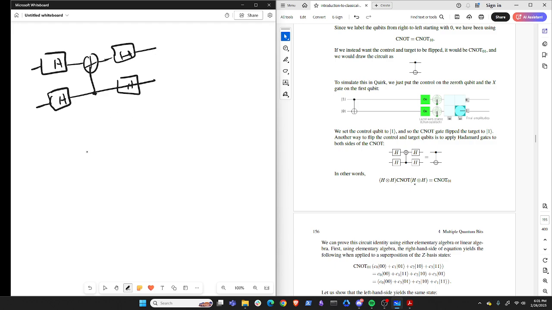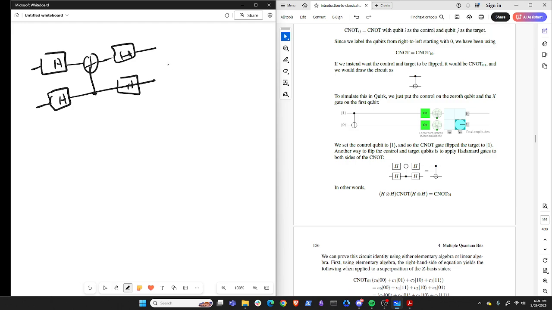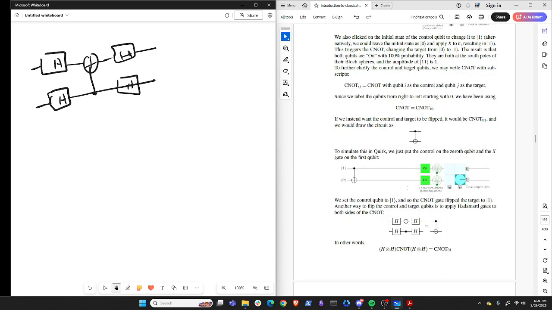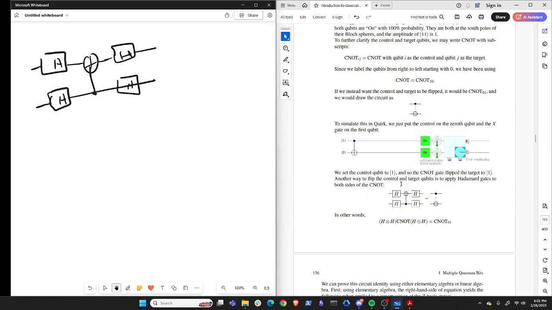So we have a control qubit set to 1, and we have 0 and 0.